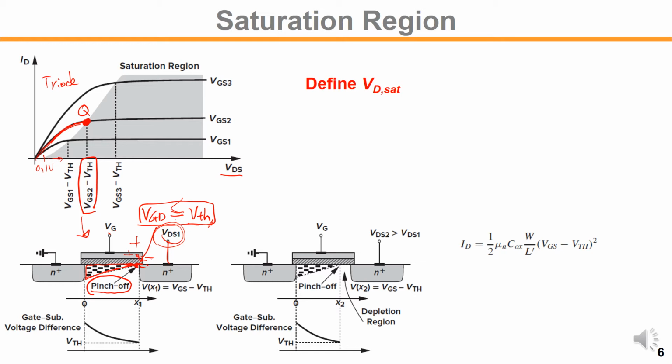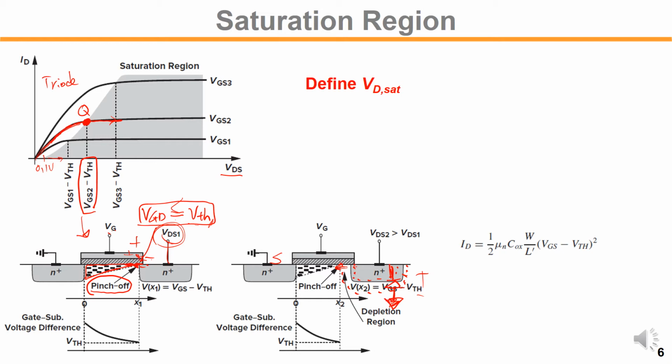If you drive an even higher drain voltage, then this pinch off point is retracted toward the source node. Why? Because if we increase this drain voltage, we are applying an even higher reverse voltage through the diode. In the reverse biased diode, having a higher reverse voltage will result in more depletion region.